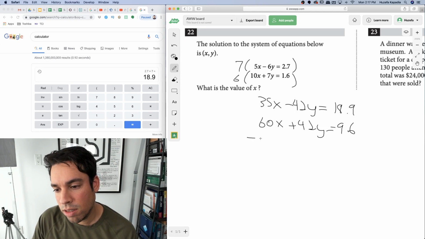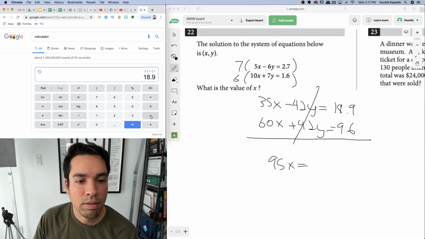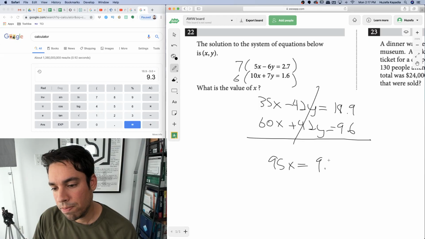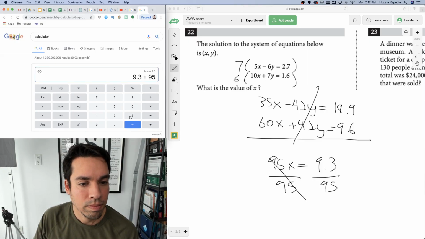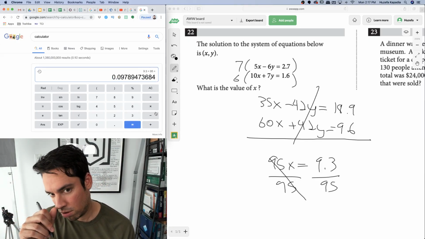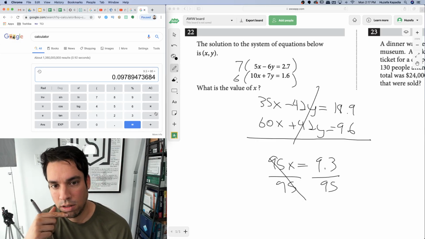It's like 6 times 1.6. Combine these, the y's cancel out. That's 95x equals 18.9 minus 9.6. It's 9.3. Divide by 95. Yowzers, that doesn't look right.